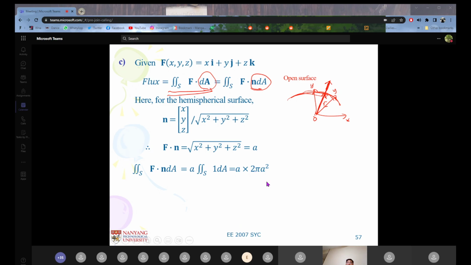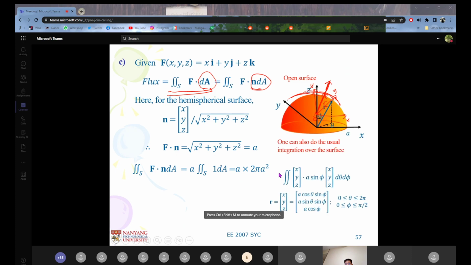The hemispherical surface. What is the surface area of the hemisphere? The surface area of the complete sphere is 4 pi a squared, where a is the radius, and I wanted only half of it, so it's 2 pi a squared.